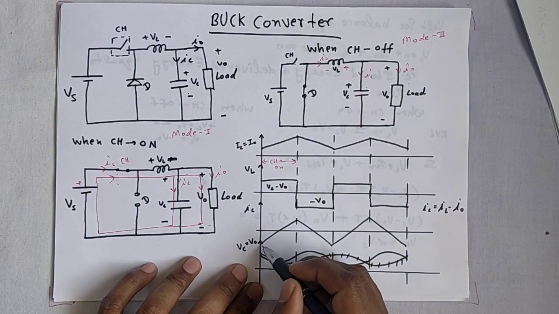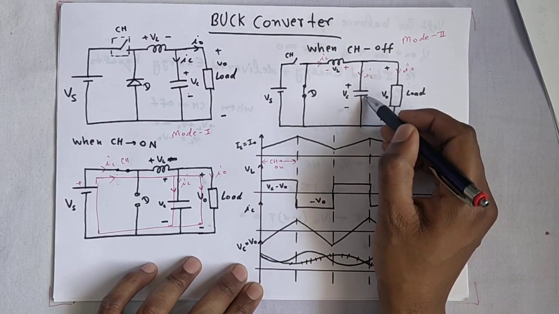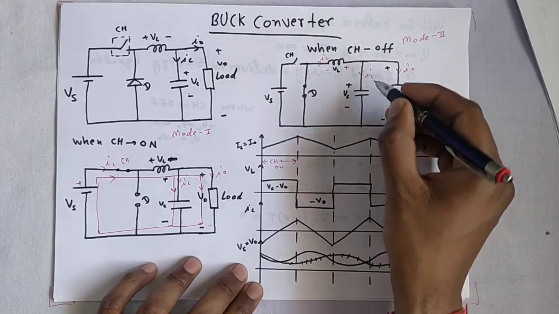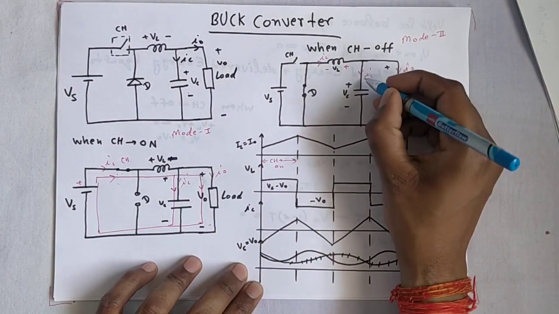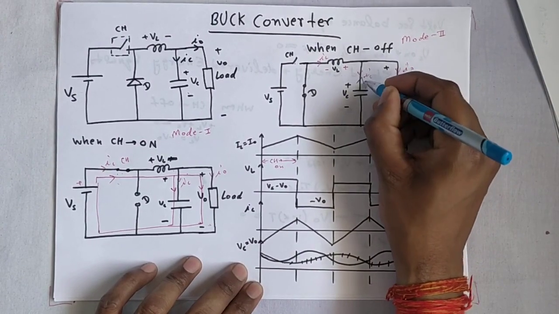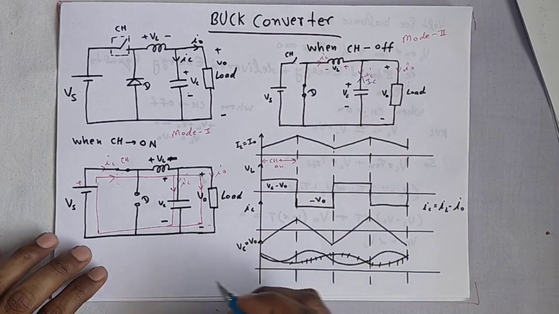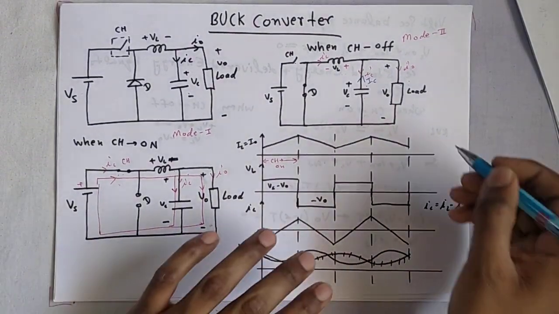Let's see how it starts from the negative. When only the capacitor delivers its energy to the load, the current IC will be like this. Okay, now again we switch on CH. So what happens?